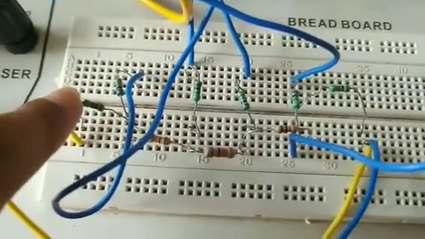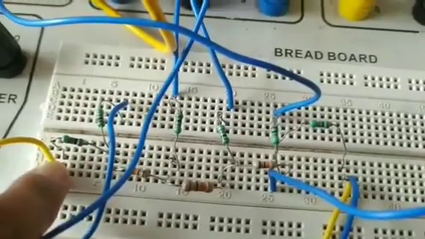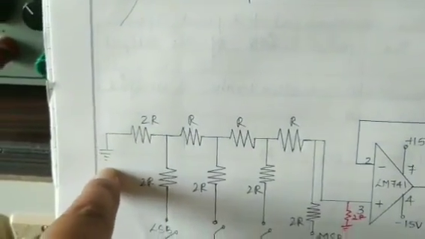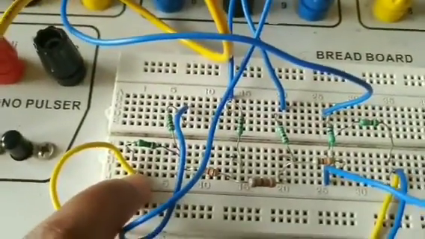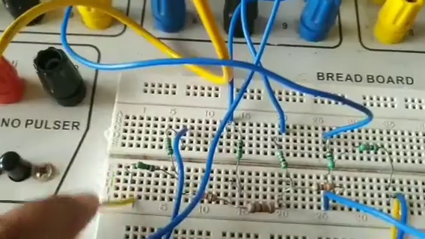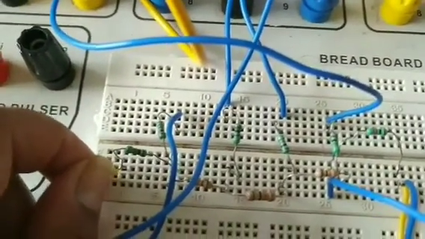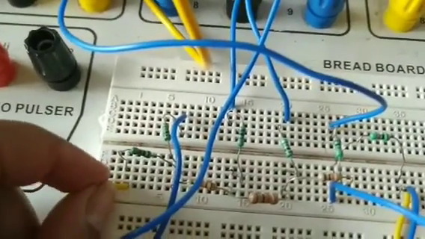So first 2R is connected, and that 2R goes to ground. So this is my ground connection. You can see I have not connected it here only. What I have done, I have connected it in a horizontal adjacent pin.